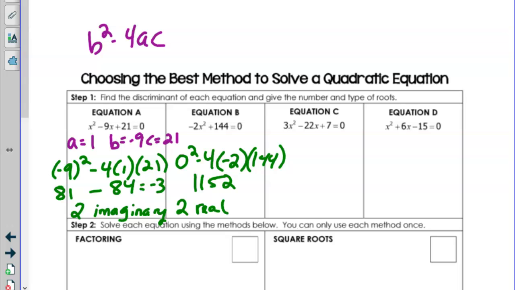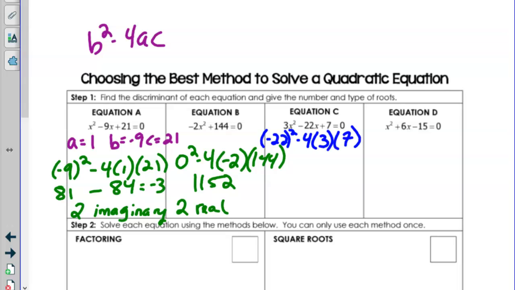So if it's negative, it's imaginary. If it's positive, it's real. If it equals 0, it's 1 real. Alright, how about our equation C? It would be negative 22 squared minus 4 times 3 times 7.